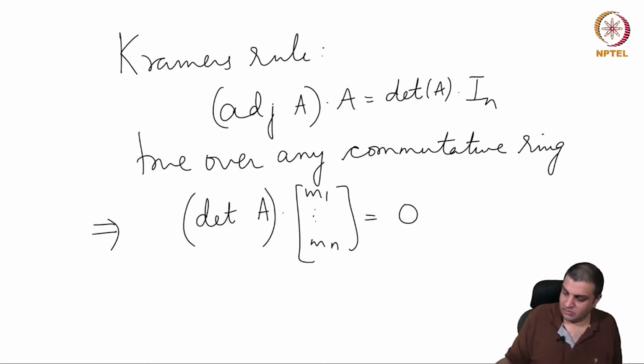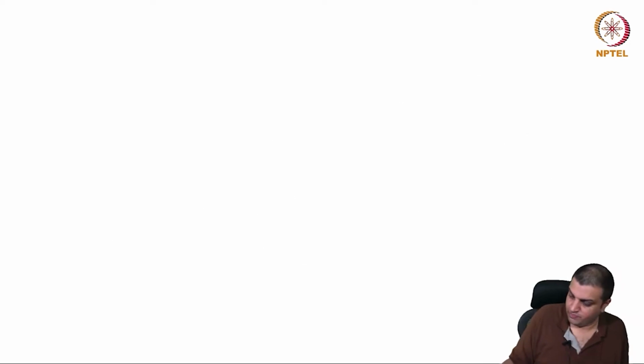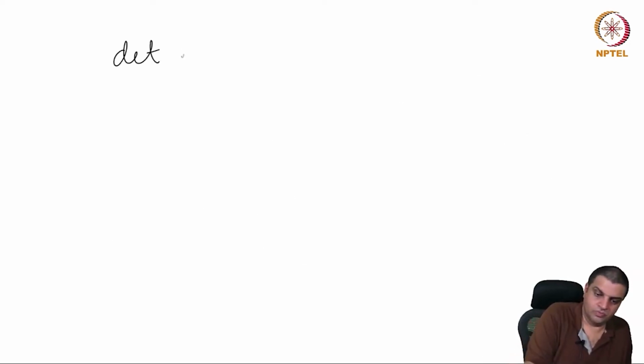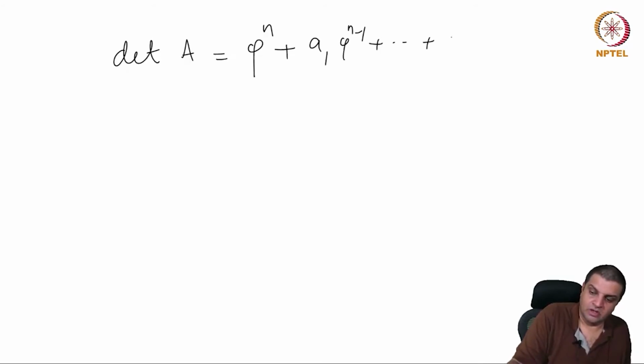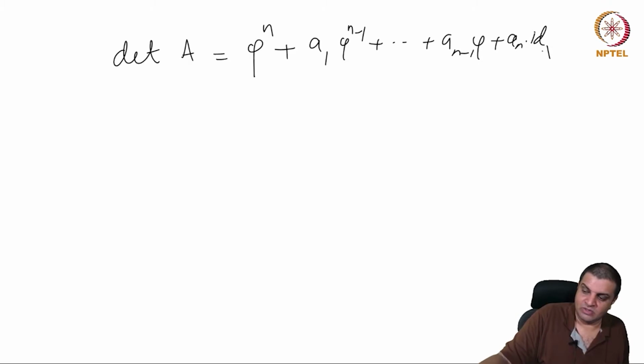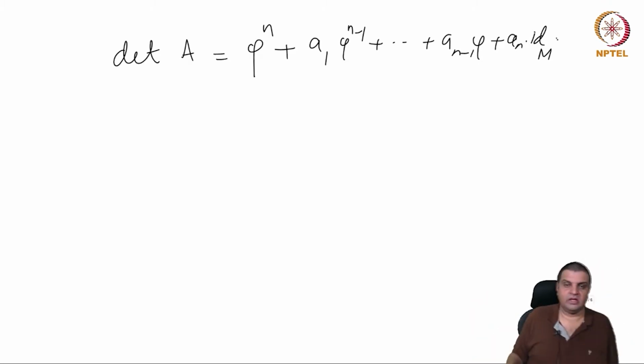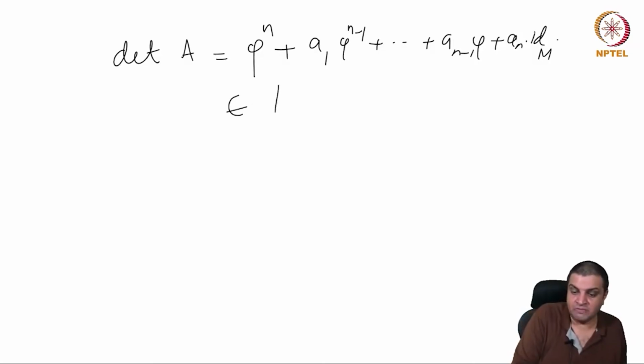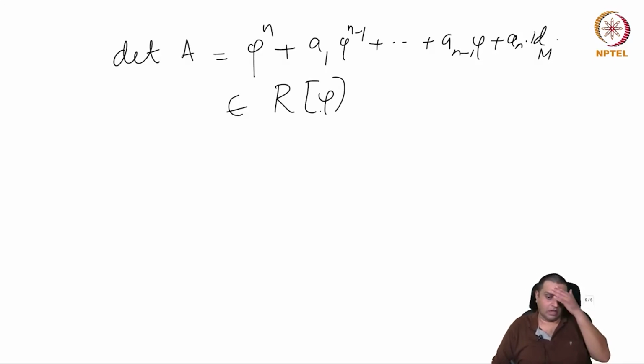So the determinant of A has the form phi to the n plus a1 phi to the n minus 1, up to a_{n-1} phi plus an times the identity map on M. So this is an element of R[phi]. It's not an element of R.